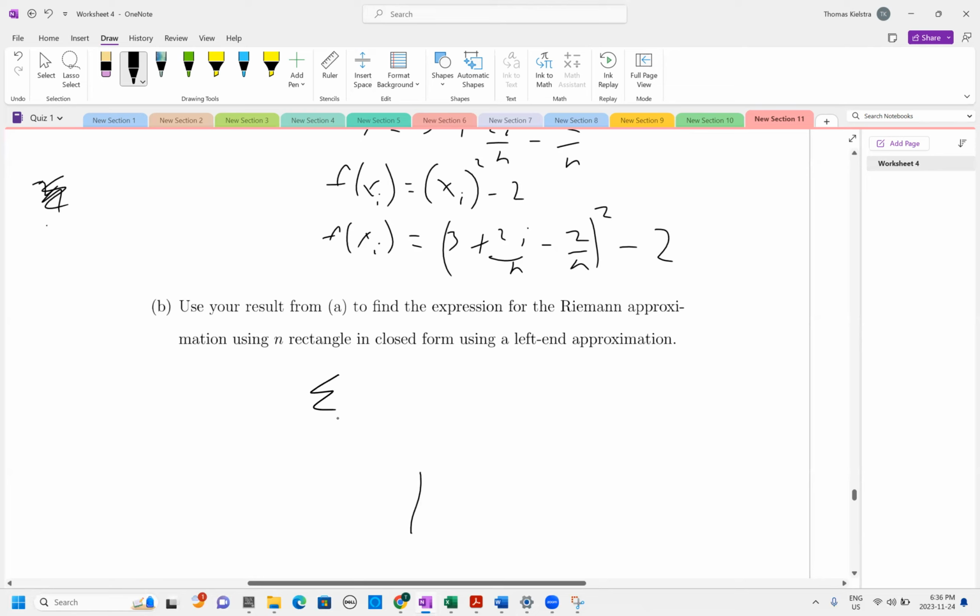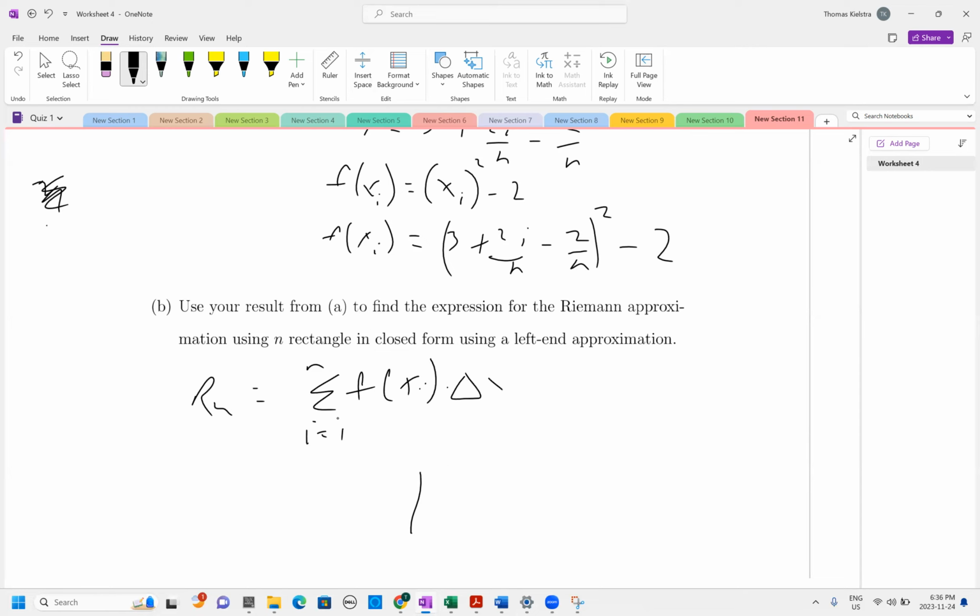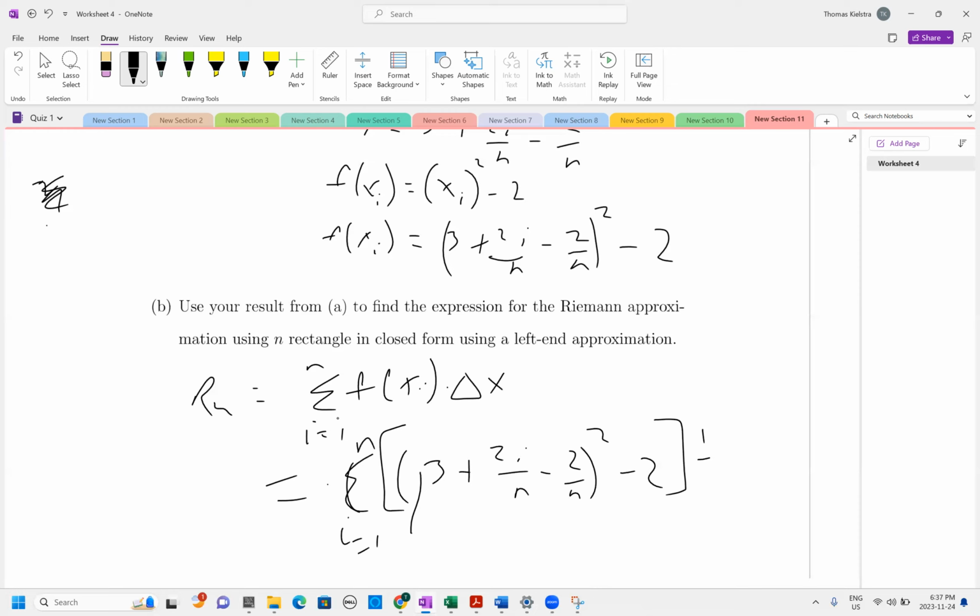We have Rn equals the sum of i equals 1 to n of f of xi times delta x, which is equal to the sum i equals 1 to n of 3 plus 2i over n minus 2 squared minus 2, all times 1 over n.